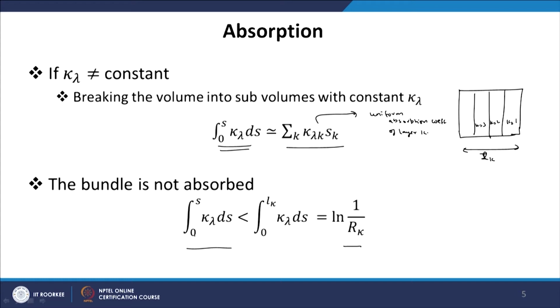That means, if the path length is less than the maximum path a photon can travel, then the photon will not be absorbed, it will be able to transmit. The maximum length a photon can travel is Lk, and if the distance travelled by the photon s is less than this value Lk, then the photon will not be absorbed, it will be transmitted. This relation will be used to find out whether the photon is absorbed within a cell or not.